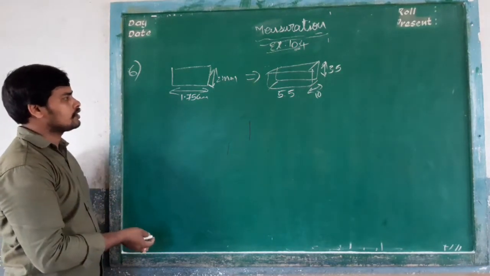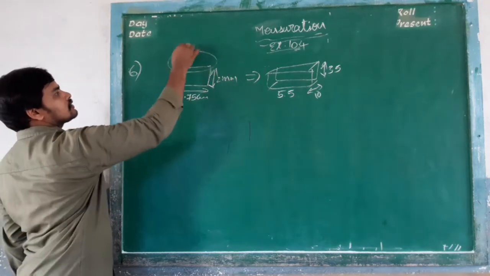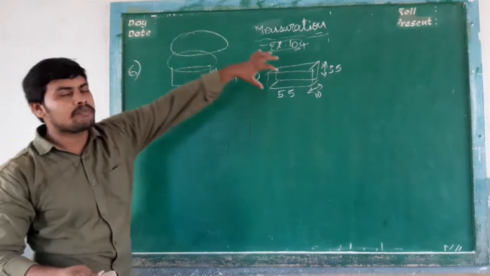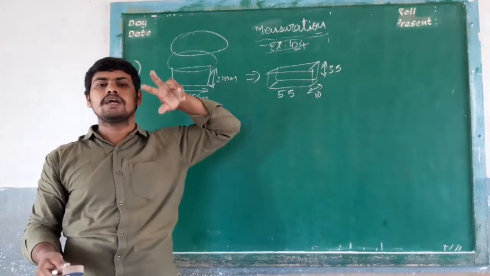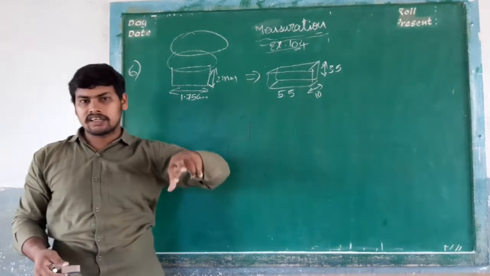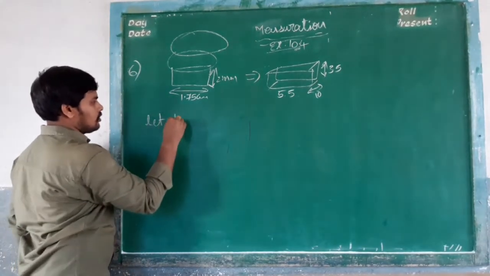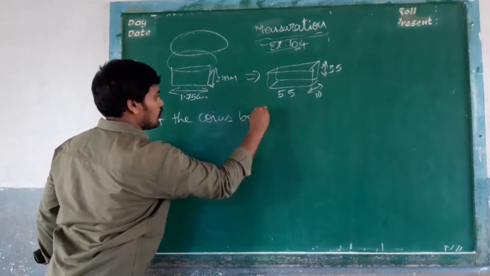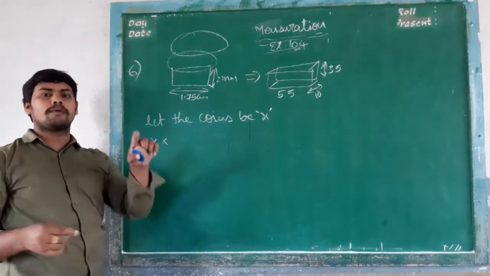So how many such coins are melted to form the cuboid with these dimensions? We don't know how many coins there are, so let the coins be x. X into, what is the shape of the coin?